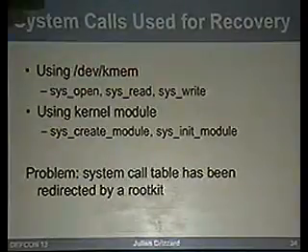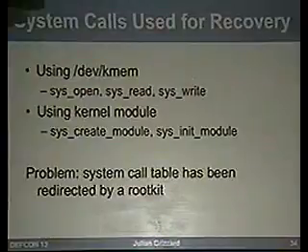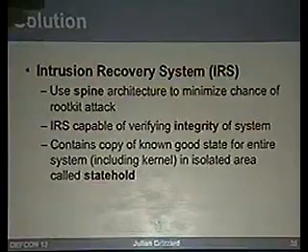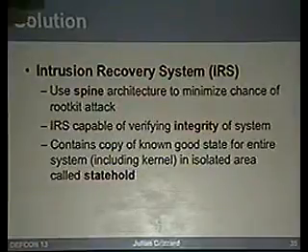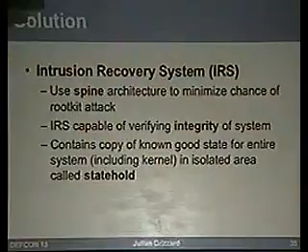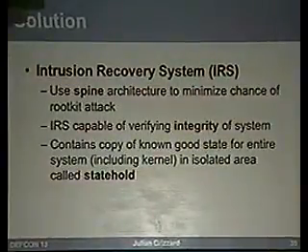So, how do we deal with this? Well, I propose we need a new system architecture, and let me take a minute to explain the vision I have here, which goes much beyond rootkits and much beyond anything like that. I've got this vision of an intrusion recovery system.